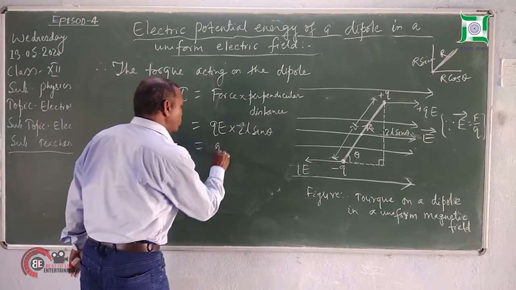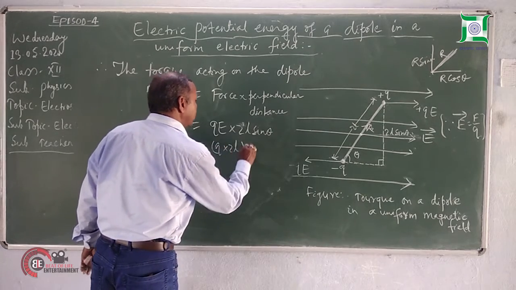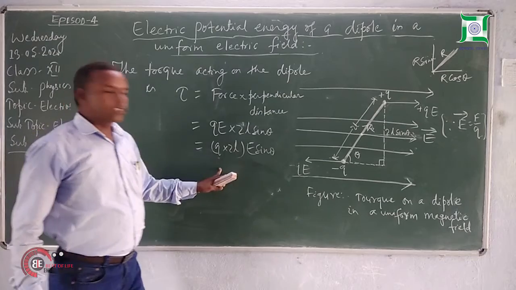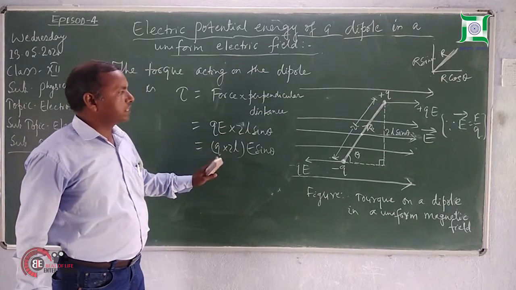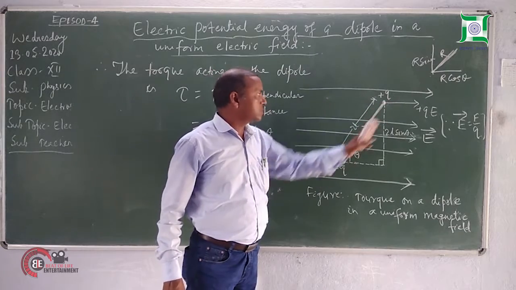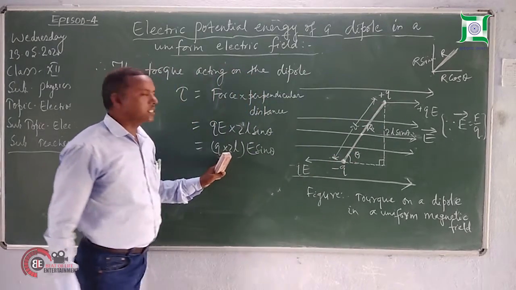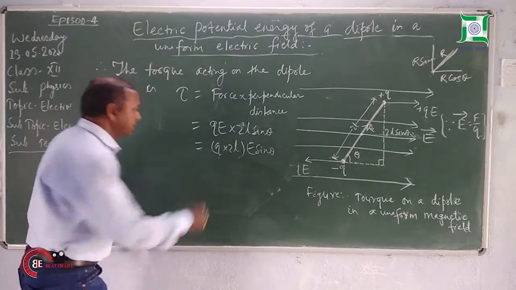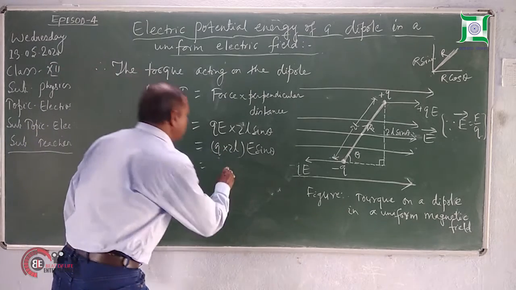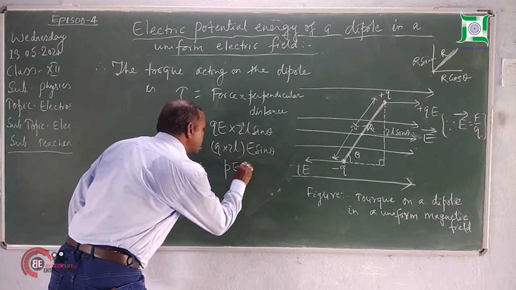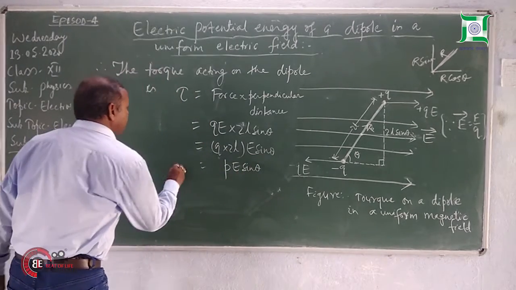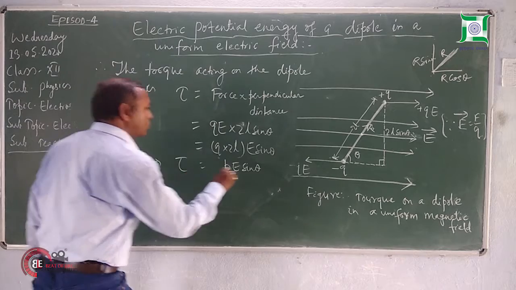This we can write Q into 2L into E sin theta, and we have discussed that the product of the magnitude of any charge and the distance between the two charges is defined as the dipole moment. So we can write here this Q into 2L as P, so tau is equal to PE sin theta.